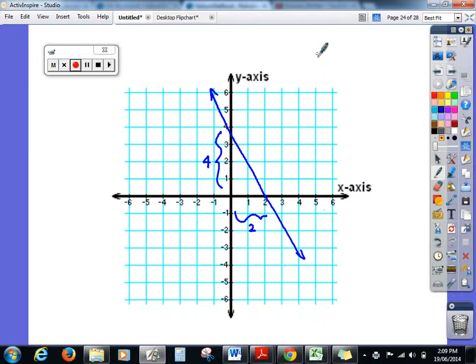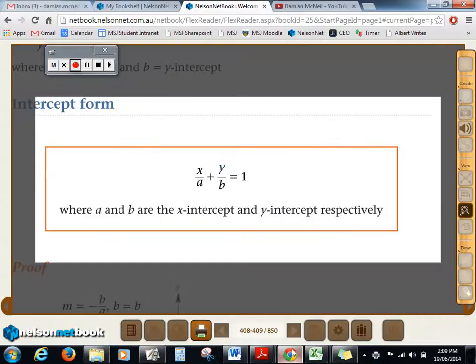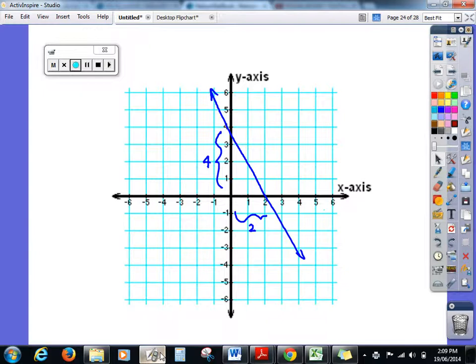And the formula is x on A plus y on B equals 1, where A is the x-intercept and B is the y-intercept.